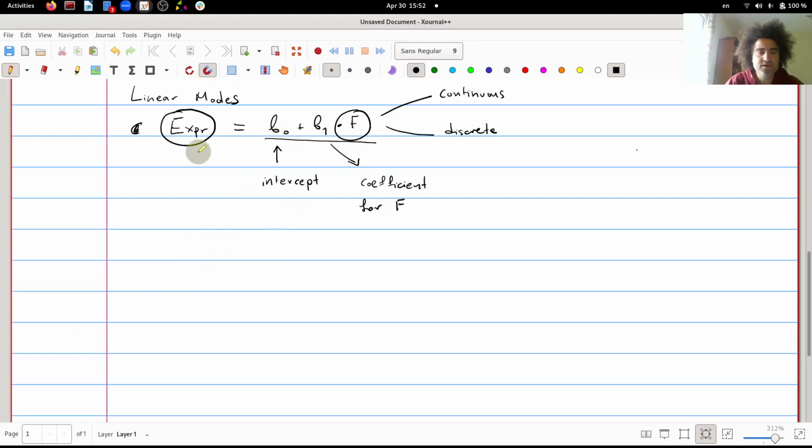So we say that the expression level can be written in the form of a constant value, beta 0, plus the effect, if it exists, of this factor.